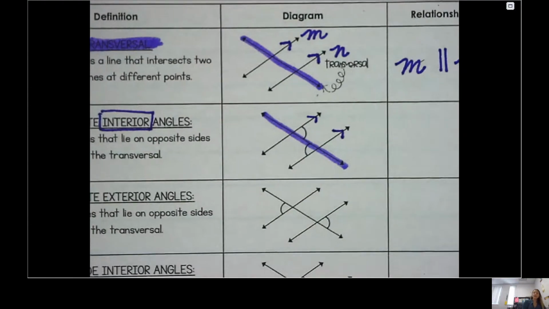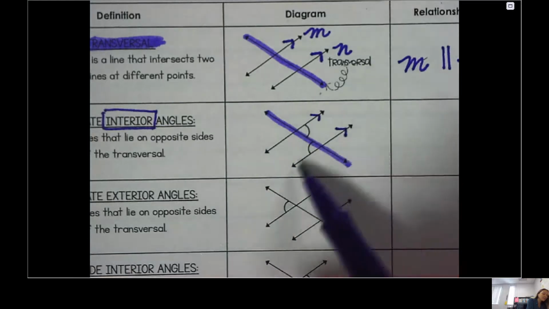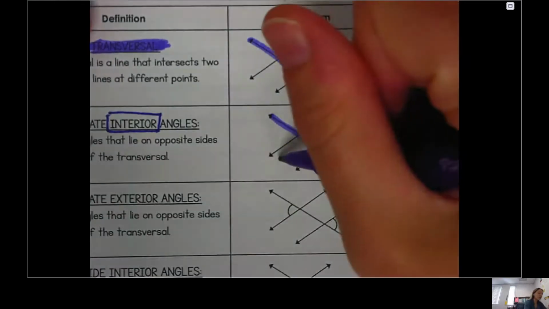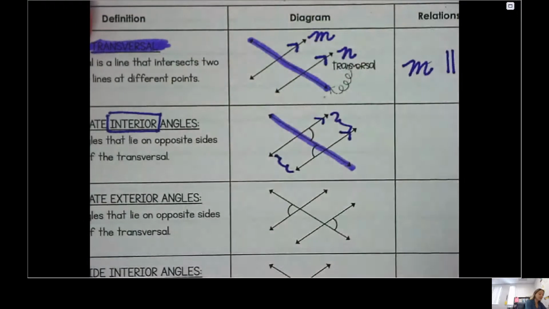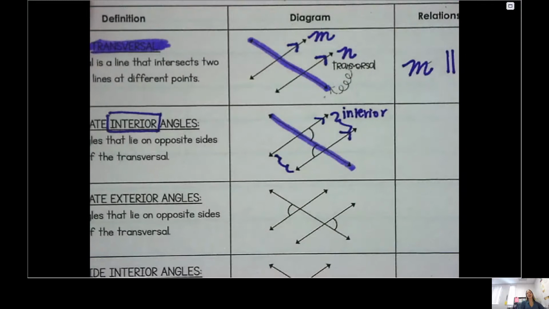On the inside, yes, inside. So think about it, here are your two parallel lines. Everything on the interior is inside of those two parallel lines. So this whole area from here to here is interior. It has to be inside.